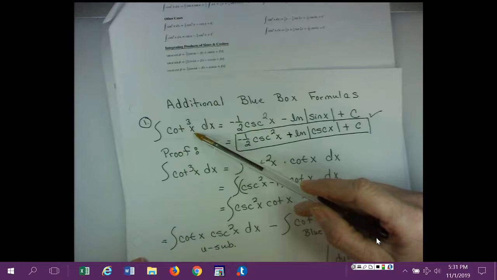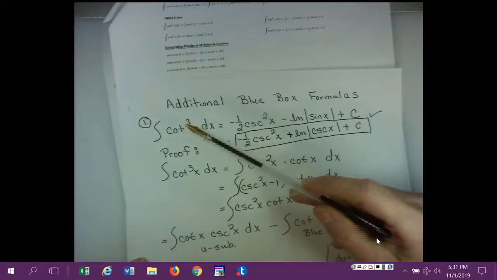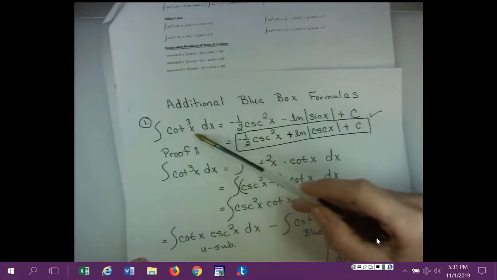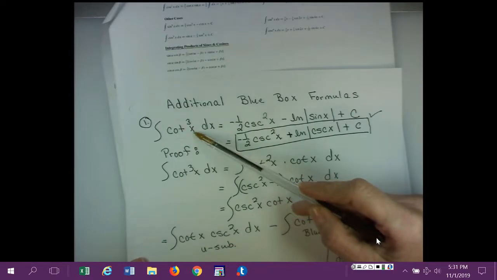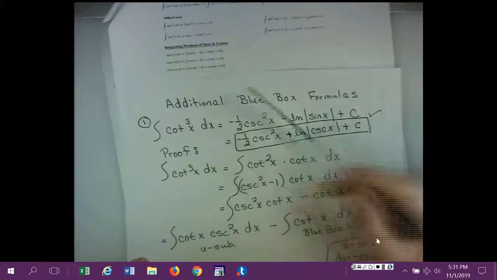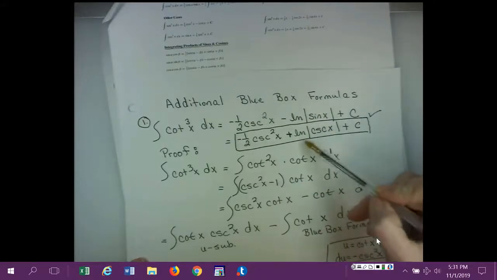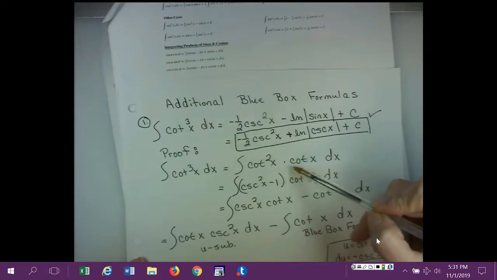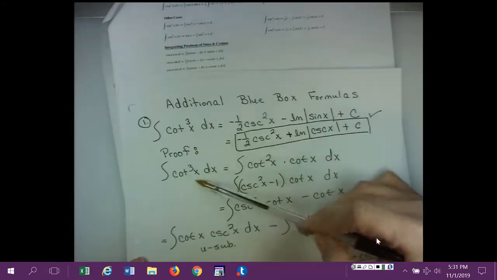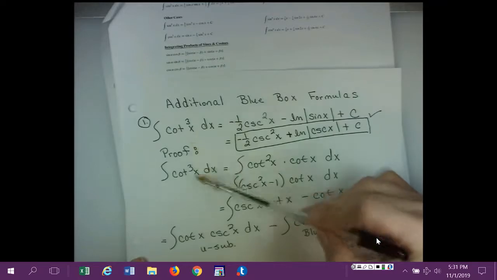They gave a reduction formula for tangent to the power of n, specifically tangent cubed, but they did not give a reduction formula for cotangent cubed. So the blue box special can be proven with an alternative method, which is kind of like Roman numeral number 5, alternative methods when we don't have our reduction formulas, or we wish to not use reduction formulas.